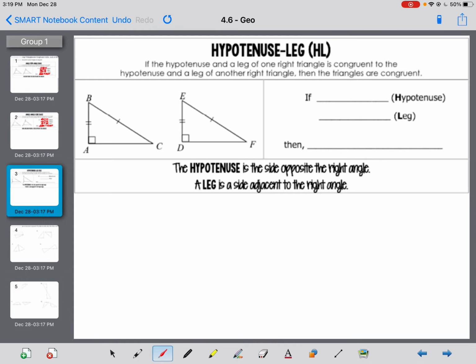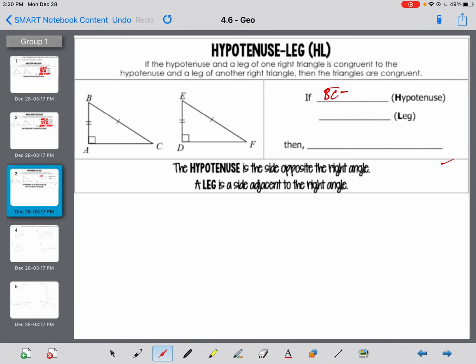Hypotenuse, leg. Angle, side, side, but not the angle, just the side, side. So it has to be a 90-degree angle, and you get hypotenuse, leg. Hypotenuse is the long one. Leg is one of the short ones. If the hypotenuse and the leg of one right triangle are congruent to the hypotenuse and leg of another right triangle, then they are congruent.